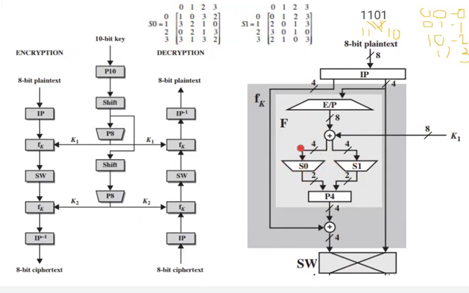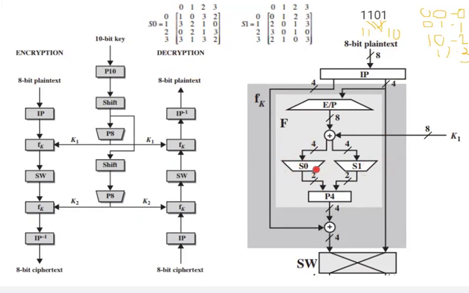A substitution box will take the 4-bit input, and it will shrink that 4-bit to 2-bit with the substitution operation. And for doing the substitution operation, you need the substitution boxes. So for this left nibble, we will use the S0 substitution box. For the right nibble, we will use the S1 substitution box.